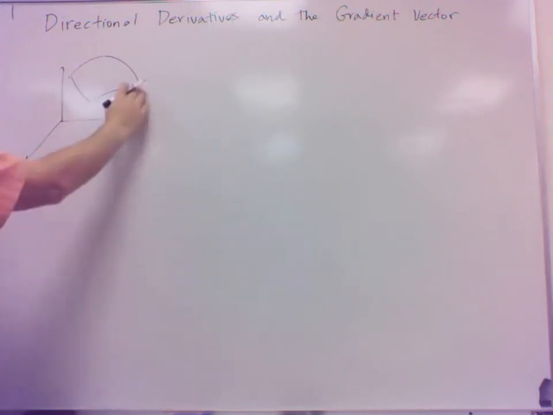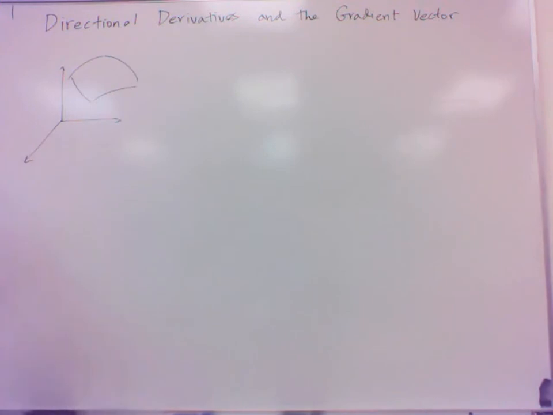Okay, and we found our directional derivatives in terms of the x and the y, partial derivative with respect to x, partial derivative with respect to y. But say we wanted to know, what about a tangent line in another direction? We can find the tangent line in the x direction and the y direction with the partial derivatives, but what if we want the tangent line in a different direction?